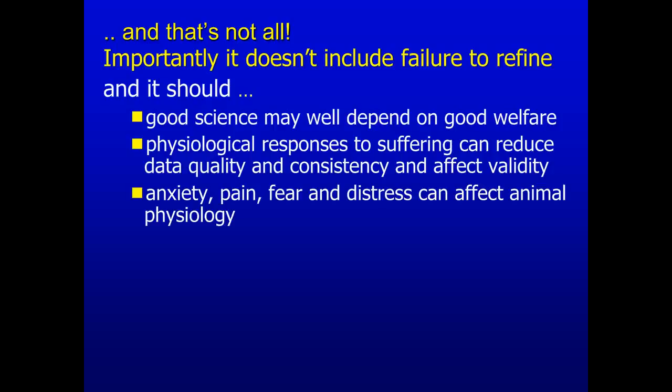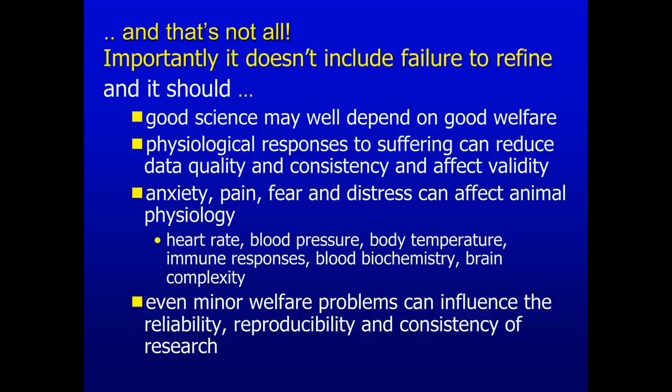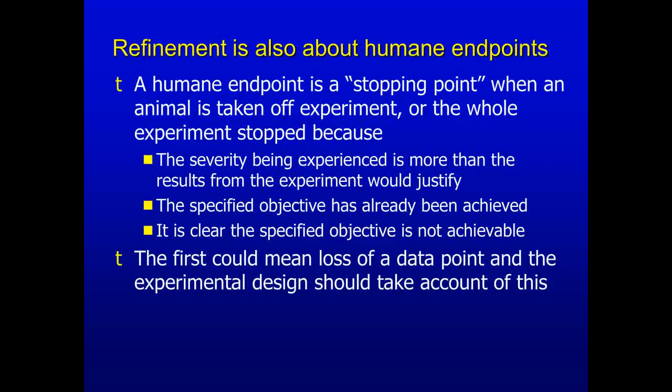And of course, we know anxiety, pain, fear, and distress can affect our physiology, and you would expect it to affect animal physiology as well. So you will get changes in heart rate, immune responses, and so on. And one of the things that you don't think about until it comes your way is the extent to which minor welfare problems can influence the reliability, reproducibility, and consistency of your results.